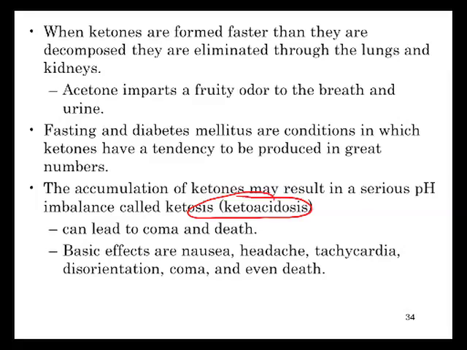Now, 2 of the conditions that typically result in the production of these ketones and the reliance on lipids as an energy source are fasting, like severe fasting or starvation diets, like the Atkins diet, and diabetes mellitus. In diabetes, people have problems getting that glucose into their cells.